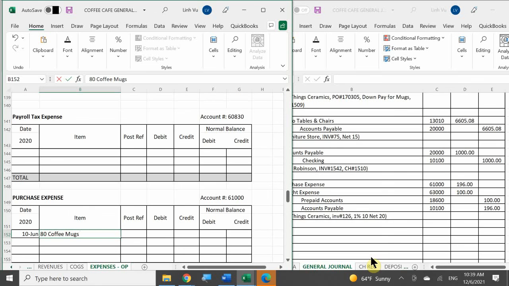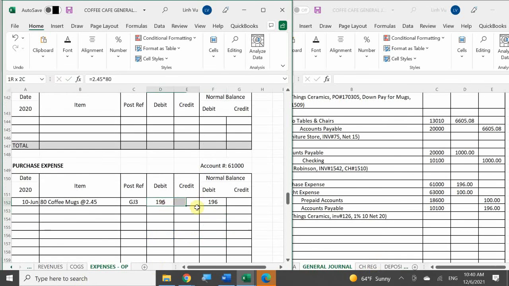It's up to you if you want to put price points at $2.45 each. Post reference, once again, general journal number 3. And I got it for 196. You can also do 245 times 80 and get the same number there too.